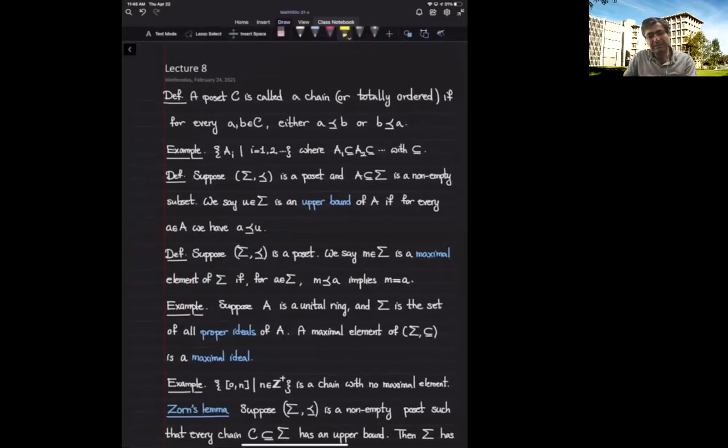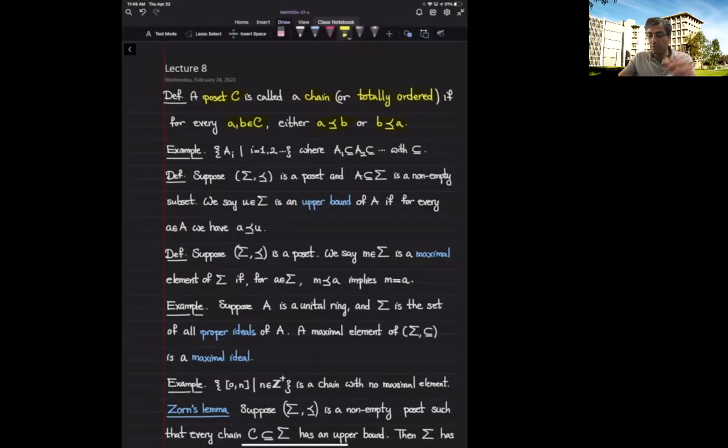Now, what is a chain or totally ordered set? C is called a chain or totally ordered set if it is a poset and every two elements can be compared. So if C is a poset, and for every a and b inside this chain, either a is at most b or b is at most a, then we call it either totally ordered or a chain. So why do we call it a chain? Because an important example can come up from this.